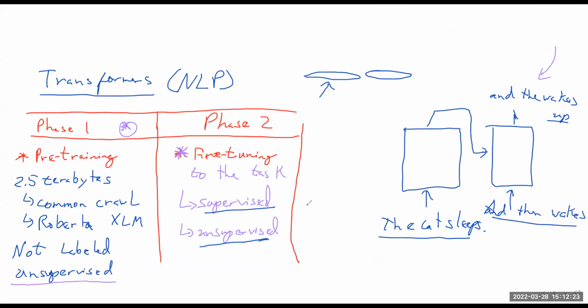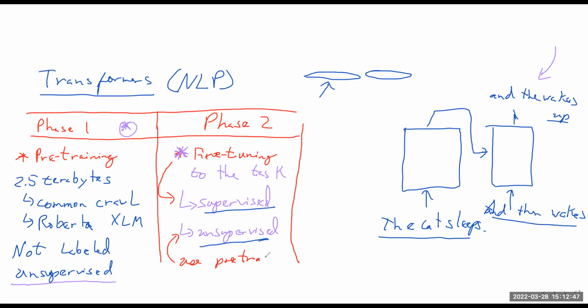So a better way of saying this is that we have phase 1, the pre-trained model. We have phase 2 where we can fine-tune for supervised ones, and for unsupervised ones it maybe just means that we use the pre-train.